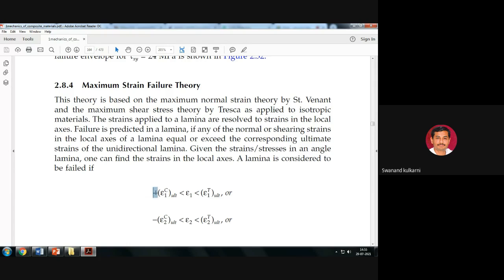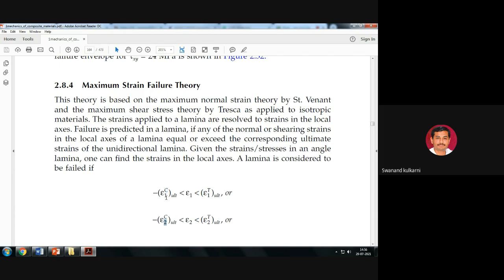The minus indicates compressive, plus indicates tensile. So compressive strain and tensile strain. In between that, the strain in direction 1 is given. 1 represents the direction; the reference direction is 1, the other reference direction is 2. In the first reference direction, compression, and in the second reference direction, compression.